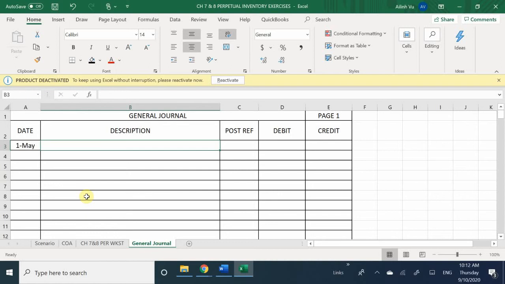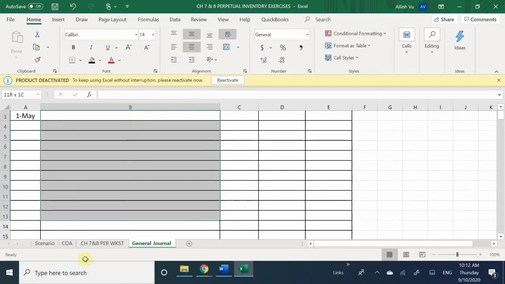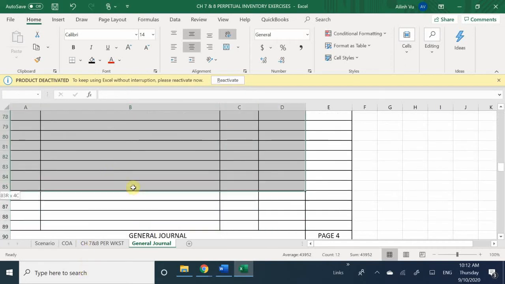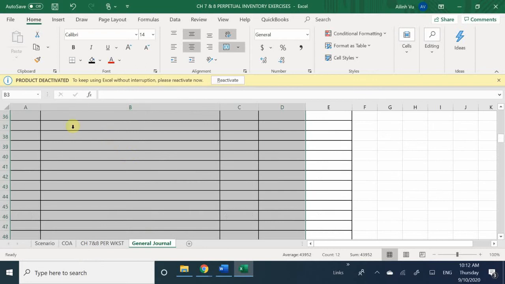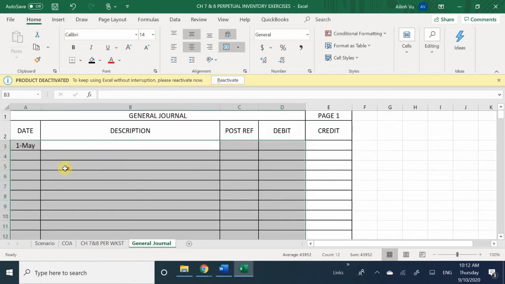So what is supposed to go first? Purchase goes first. What kind of purchase are we making? Cups. Okay, good, so that goes first. Why do you need to debit your inventory? What is inventory?